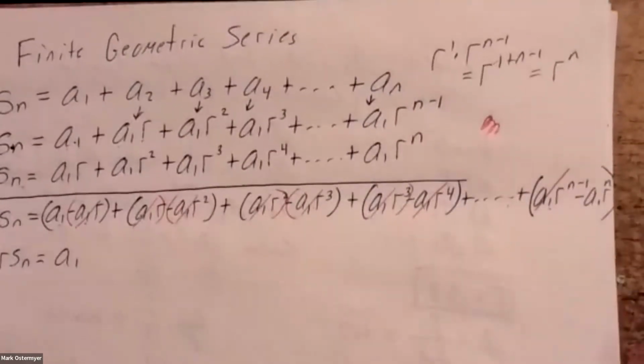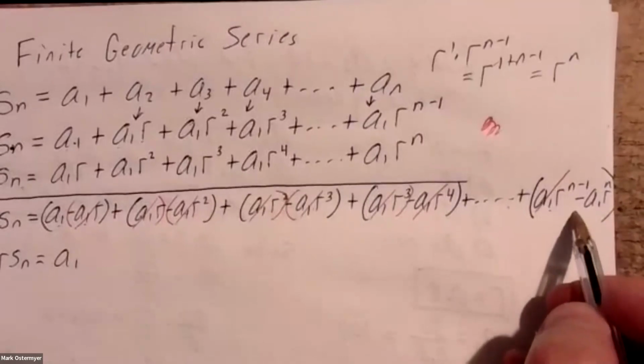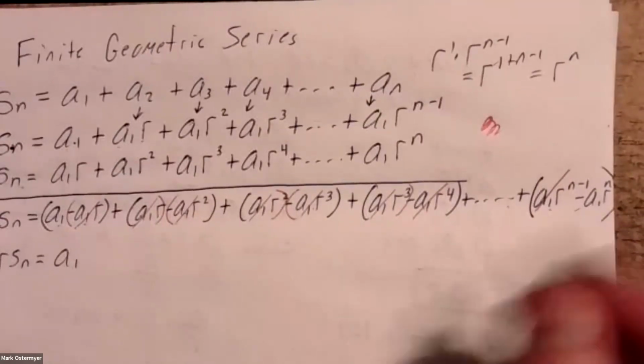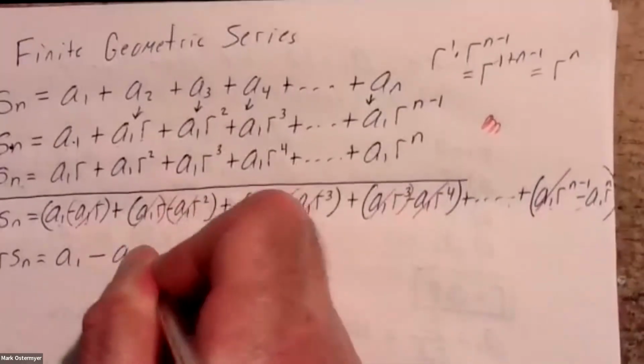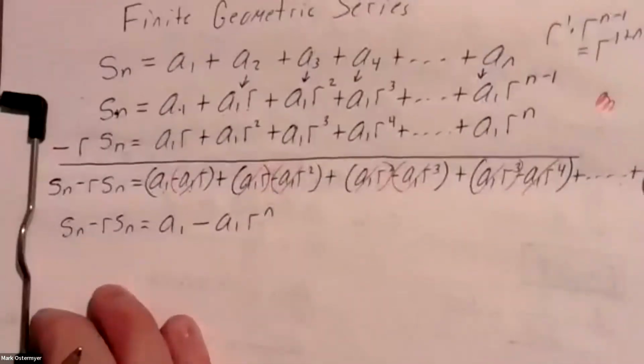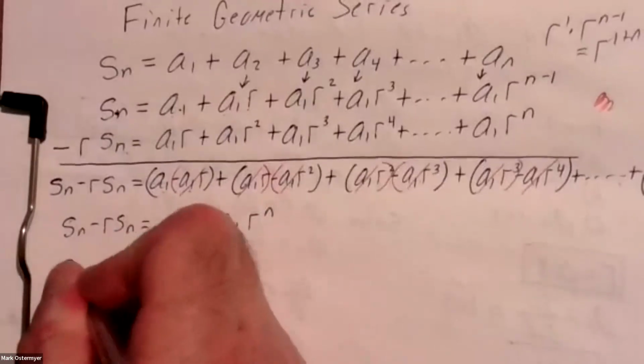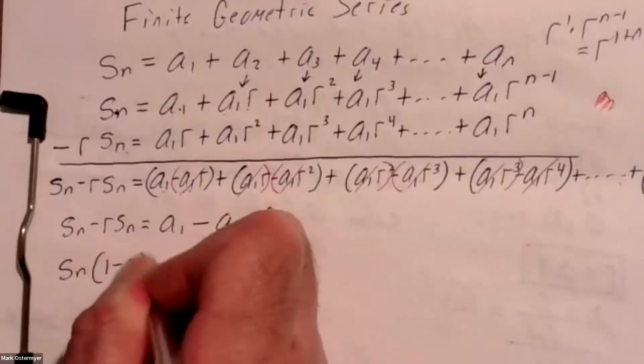This will drop out. And at the end, what we're left with is minus a sub 1 r to the nth. So look what happens after all the cancellation up here. We're left with this. Now I can factor out the nth partial sum out of both these terms here.